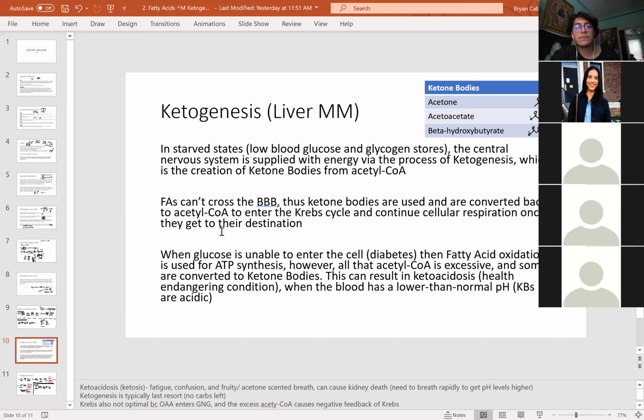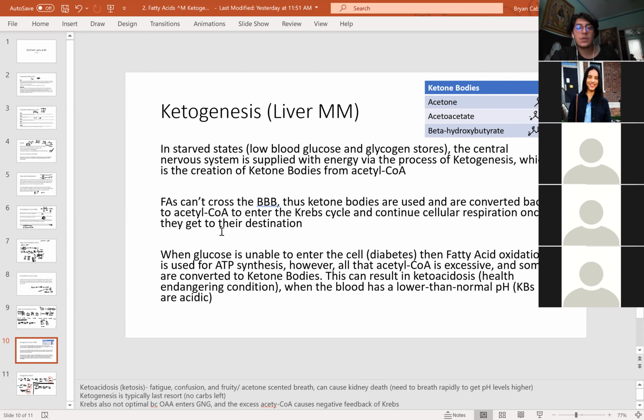What you can do is take the fatty acids and break them down using fatty acid oxidation to produce acetyl-CoAs, and those acetyl-CoAs can go into the Krebs cycle and produce a lot of ATP. However, where does fatty acid oxidation occur? It occurs in the liver, and the liver isn't the only organ that needs these acetyl-CoAs.